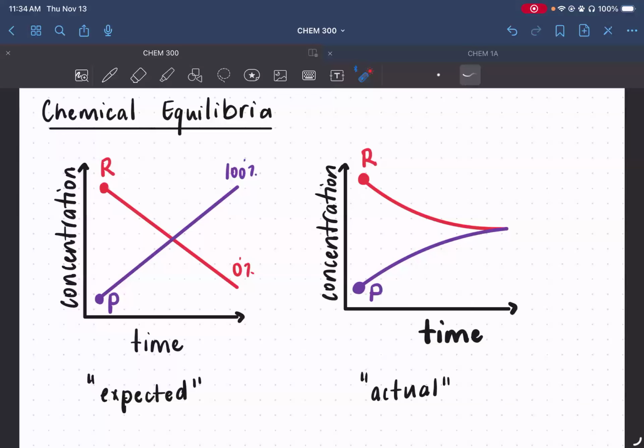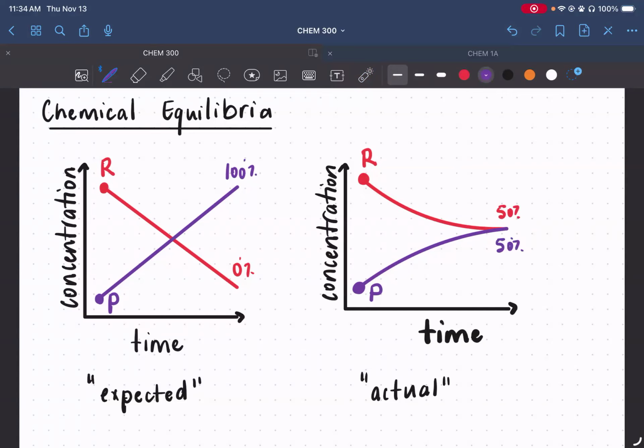And although it is still in line with expectations, reactants do clearly decrease, products do clearly increase. The truth is that they kind of meet somewhere in the middle, such that you can say that you have 50% reactants and 50% product.